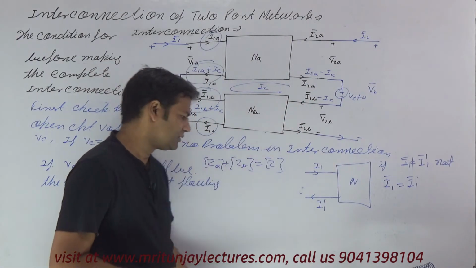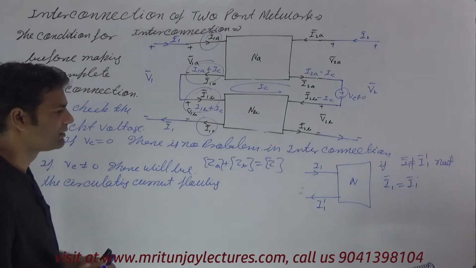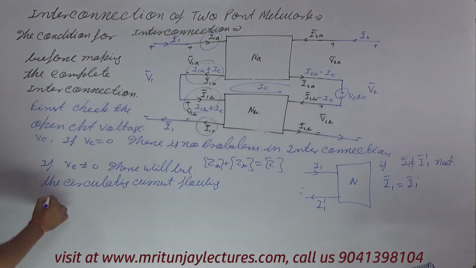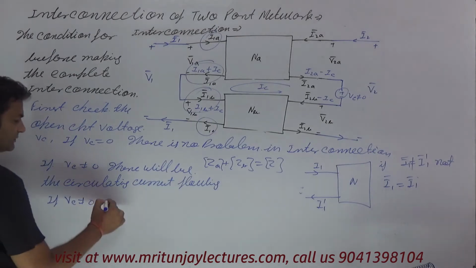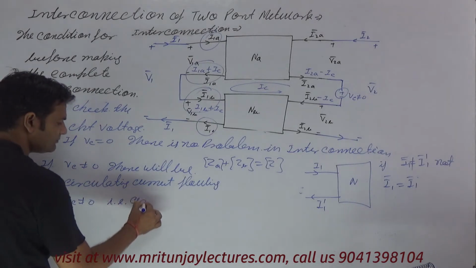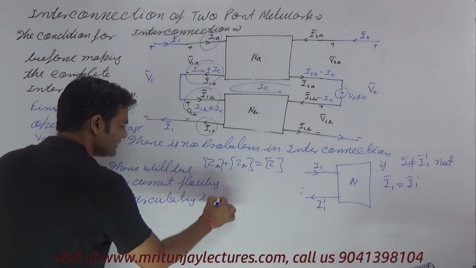So if Vc is not 0, the circulating current IC is not 0.